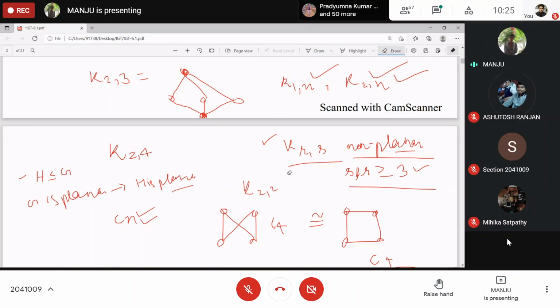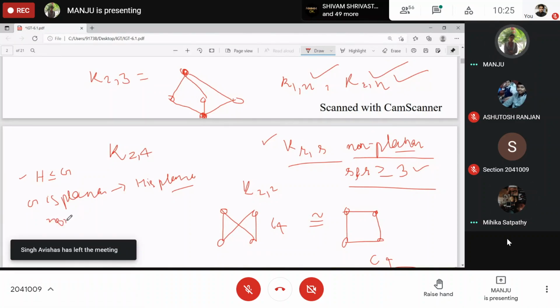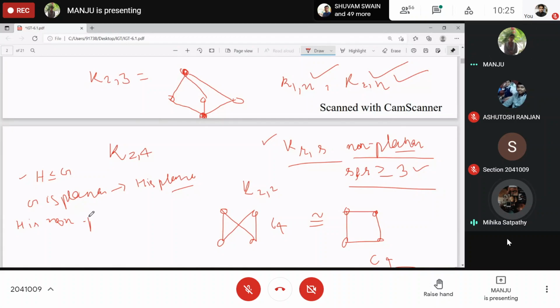What if G is non-planar? Then H can be or cannot be planar. H can be planar, right? And if H is non-planar, G cannot be planar, so G is non-planar.